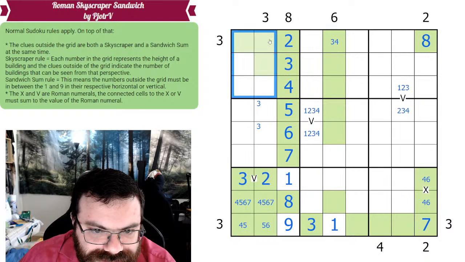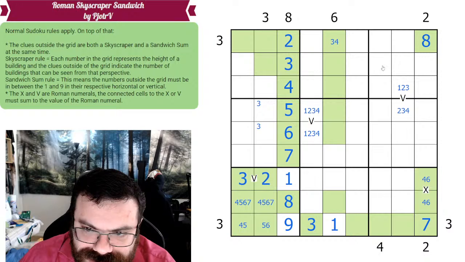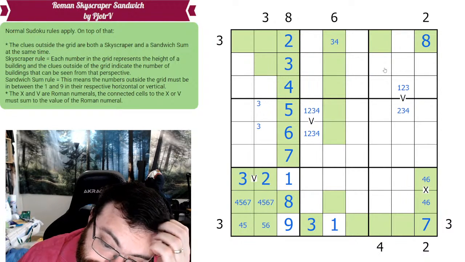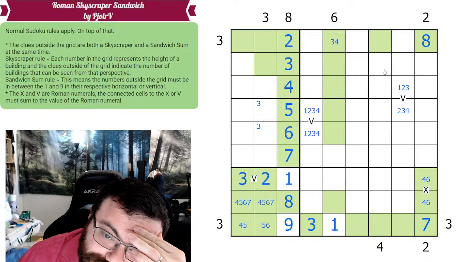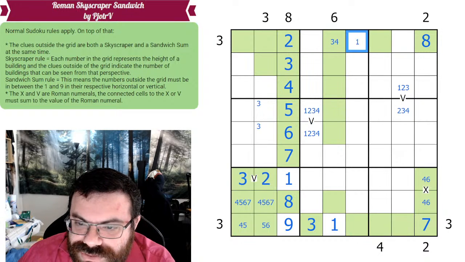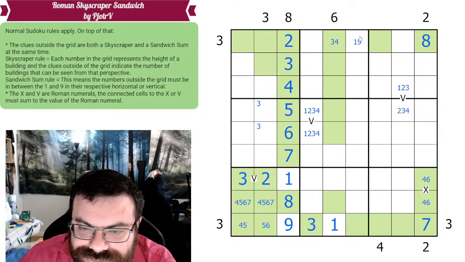So yeah, we've either got a 1-9 here, or we've got a 1-9 here. This can't be... So this is green. That's not a 1 or a 9. So this is always part of the sandwich.